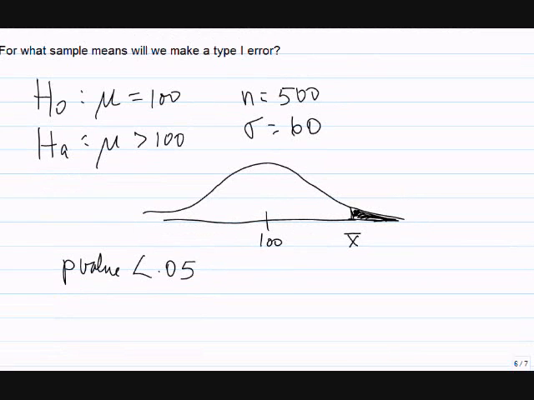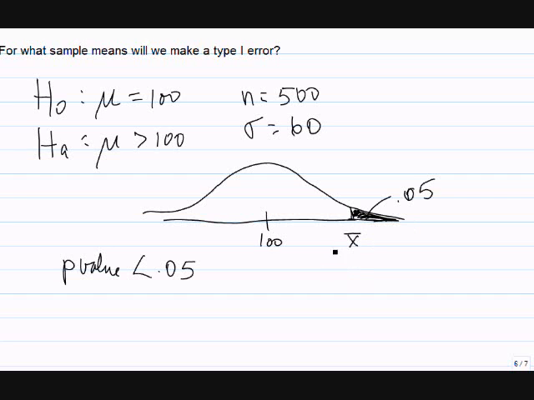So when do I get a p-value of less than 0.05? Well, I just need to figure out at what point on this normal distribution would give me a p-value of 0.05 or 0.04 or 0.03 or 0.02.